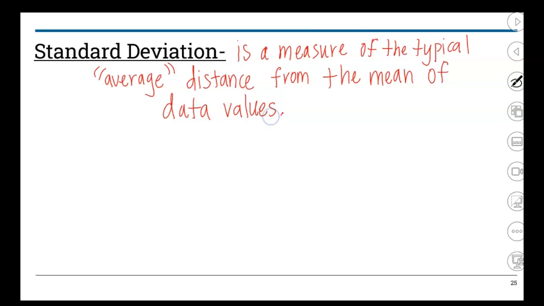Okay. And then today I'm going to introduce to you the notation for standard deviation.